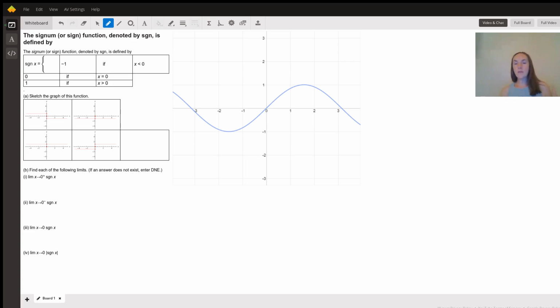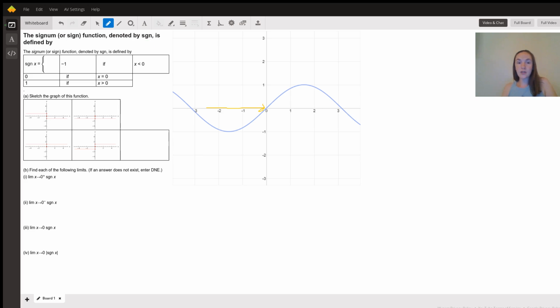When we're looking at a limit, we usually see something like the limit as x approaches 0, and sometimes there will be a plus or a minus indicating whether we're coming from the negative side or the positive side. So let's look at this sine graph, and say we want to look at sine of x. We have the x-axis, and as we're approaching 0 right here, what is sine approaching?